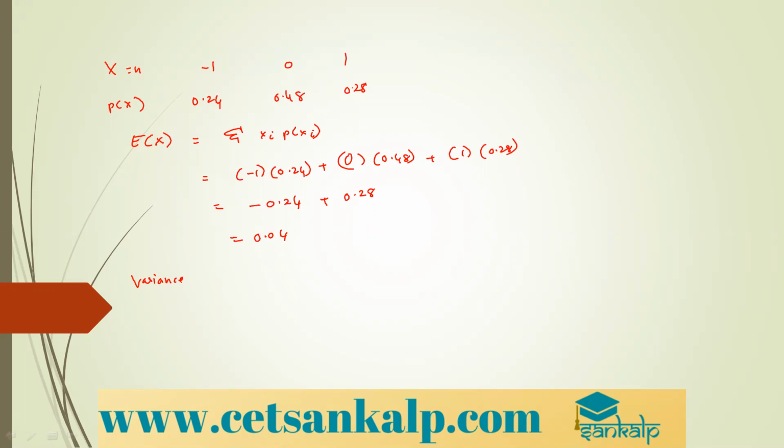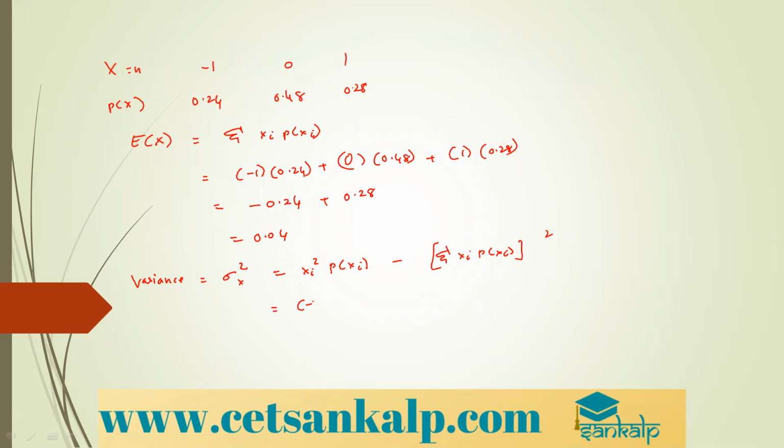Now the variance will be sigma x square. That is sigma xi square into p of xi minus sigma xi into p of xi whole square.